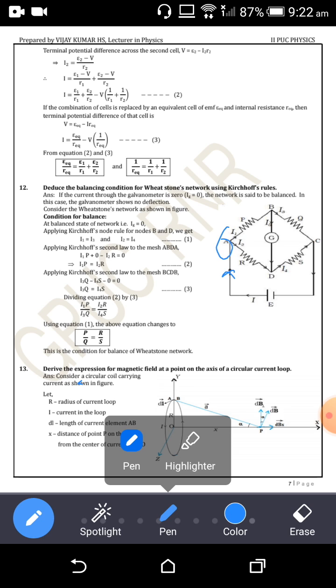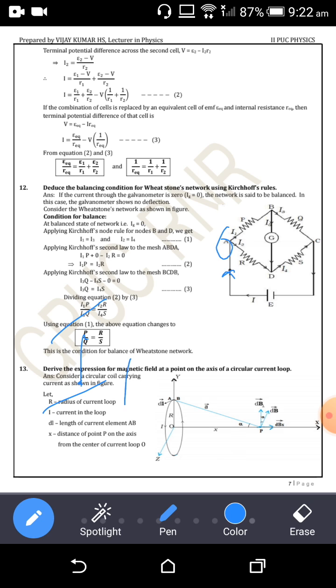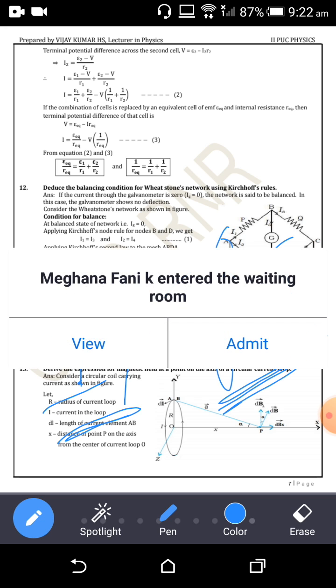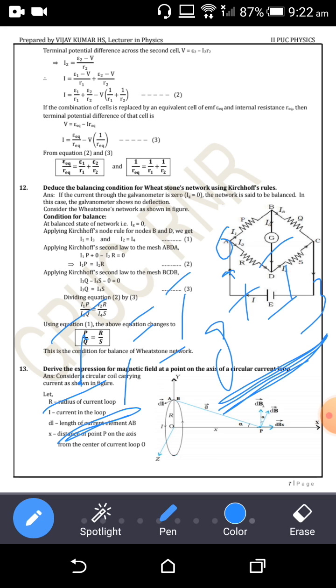For a balance condition, the current through the galvanometer is 0. So I1 will be equal to Ig plus I3, the incoming current equal to the outgoing current. Since Ig is 0, I1 will be equal to I3.